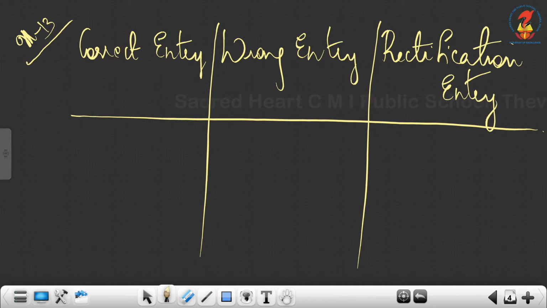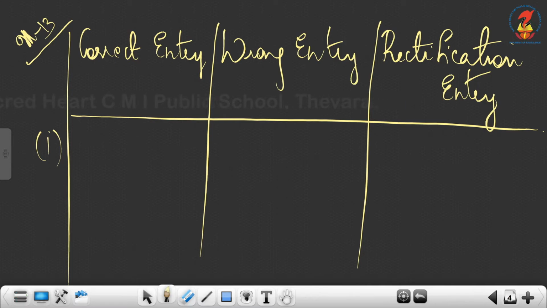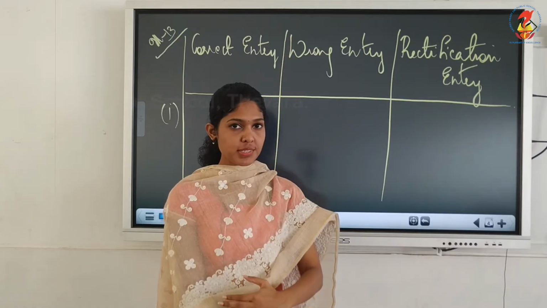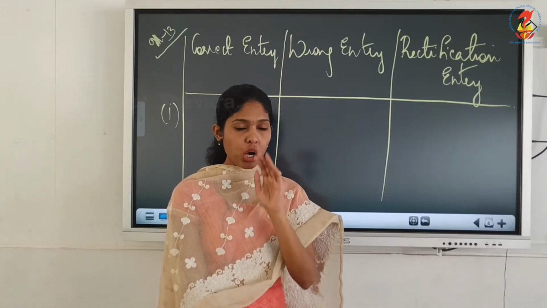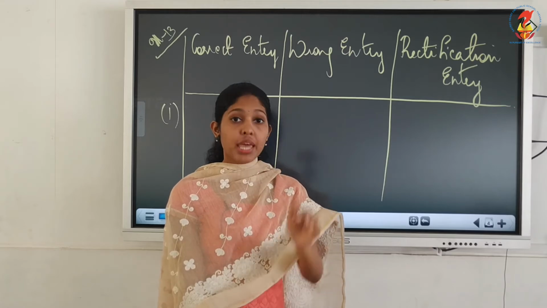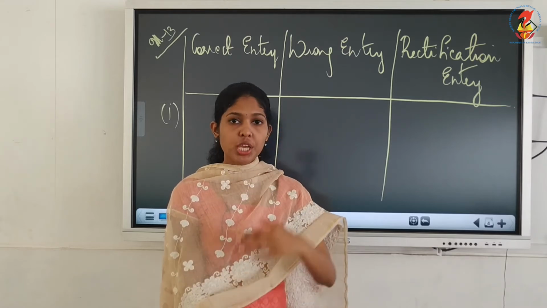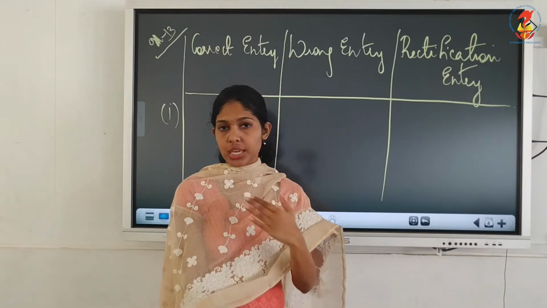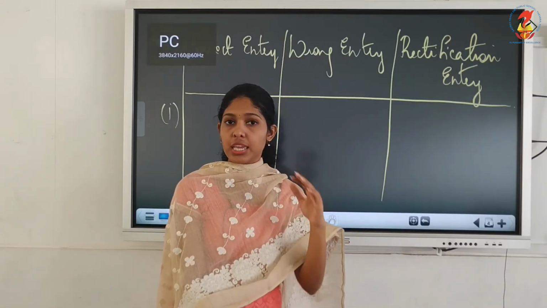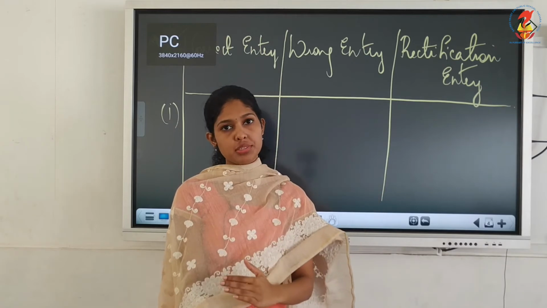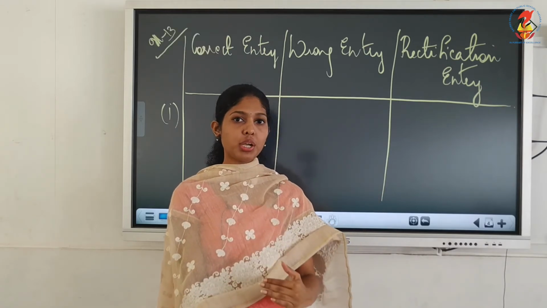Okay, the first one is purchases book undercast. There is a shortage in purchases book, and purchases book already having a debit balance. Now it is having a shortage. So how will you increase this shortage? We need not cancel anything. If it is excess, you have to cancel. But here we are having a shortage already.